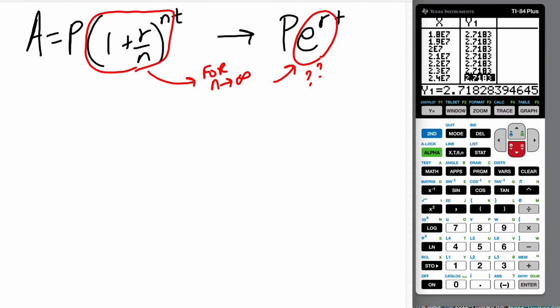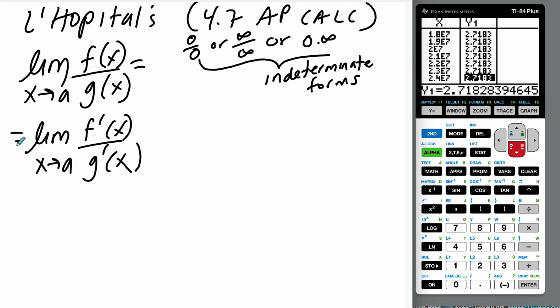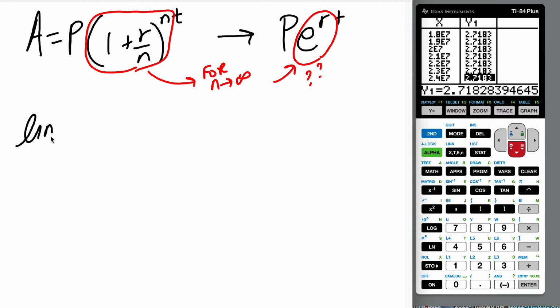To figure that out, I'm going to use x's, not n's, because to use L'Hopital's we need things that are continuous, and things that have n's are by default not continuous because they're discrete math, all whole numbered values. So we're going to see the limit as x approaches infinity of (1 plus R over x) to the x. Well, the problem here, so I want this to be some value.